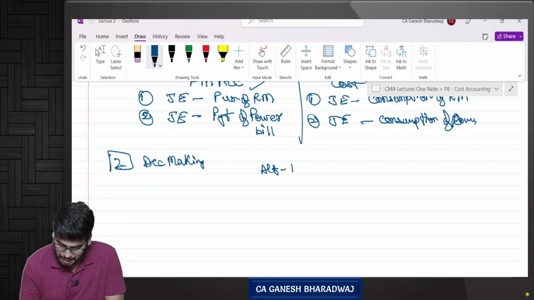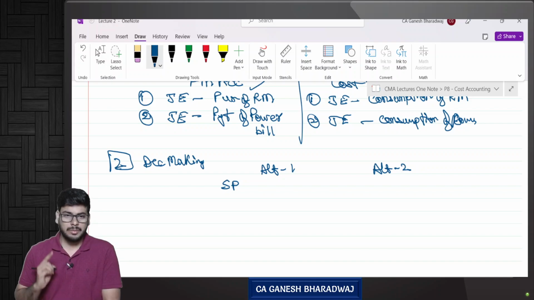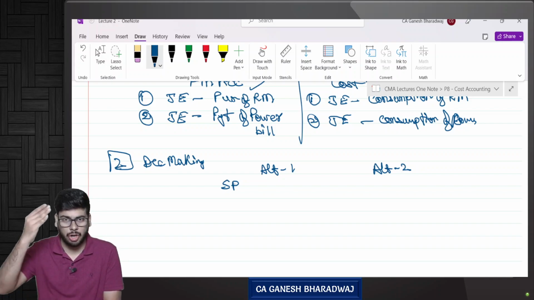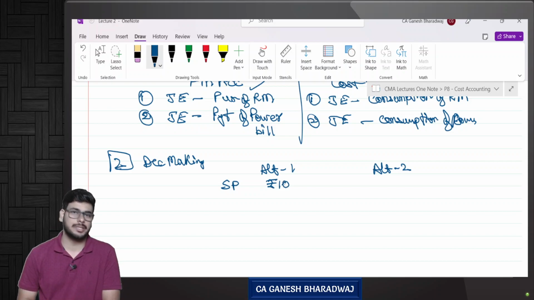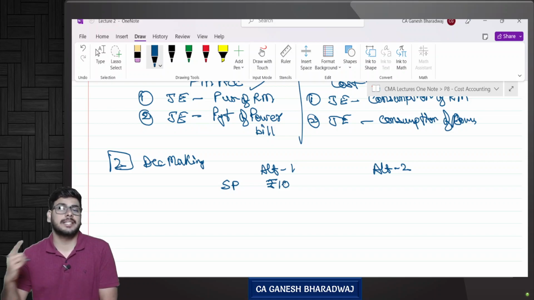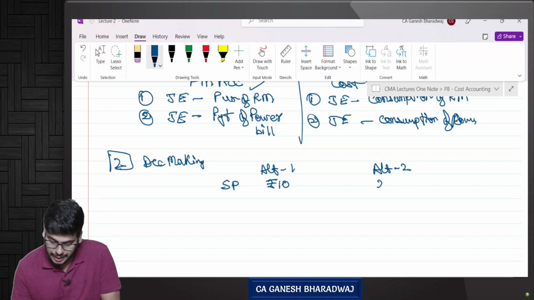Alternative number 1, alternative number 2. In alternative 1, one group of people are telling the top board of directors of the company, you fix the selling price of your product as 10 rupees.